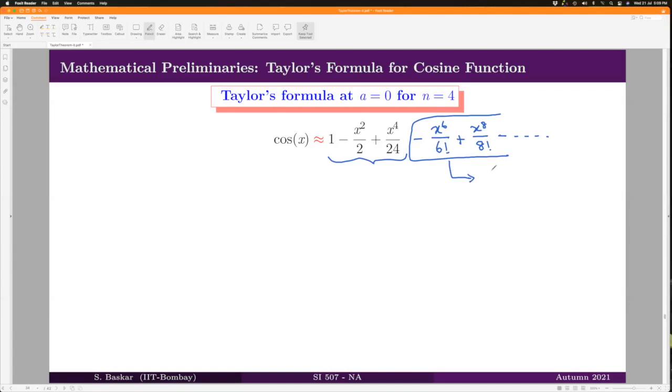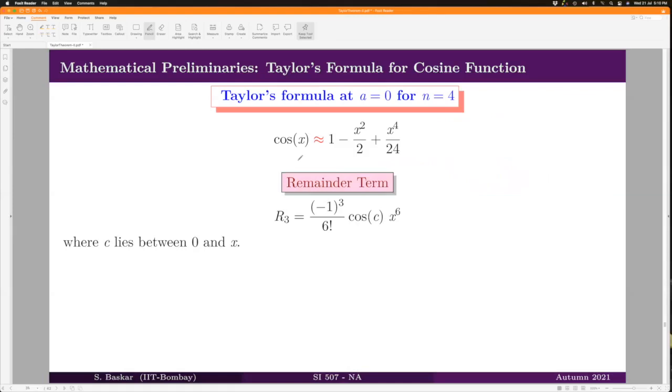From the Taylor theorem statement, it is the fifth derivative of the cos function at c by 5 factorial into x to the power of 5. That's the remainder term or the truncation error. That is going to be minus sine c divided by 5 factorial into x to the power of 5.